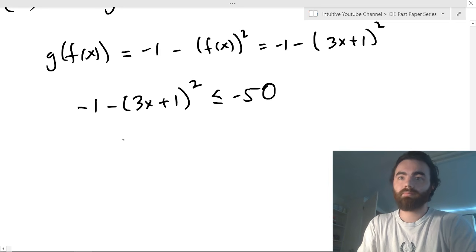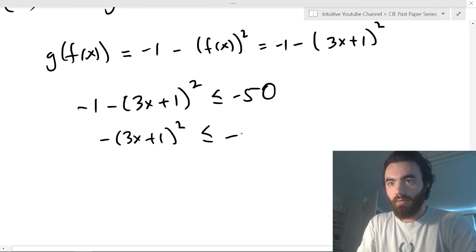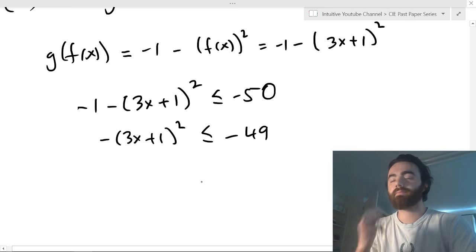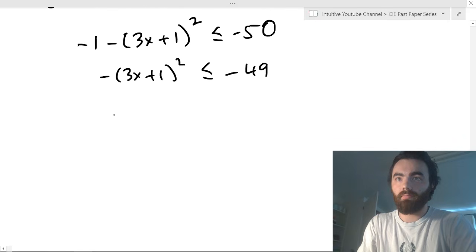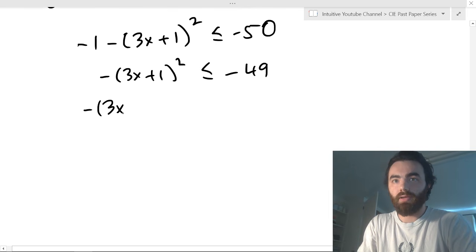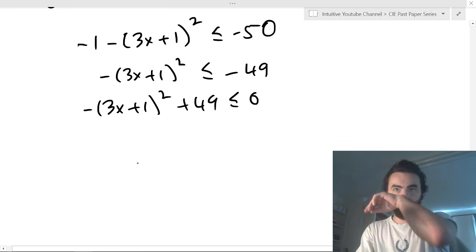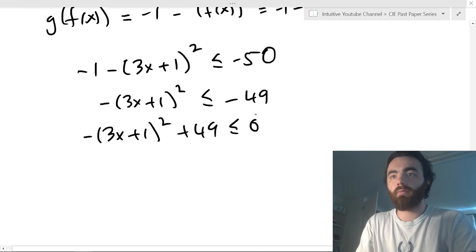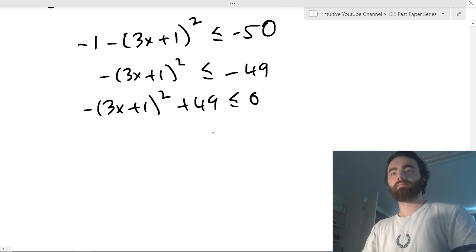Well, we just take this over. We get minus 49. And we can take this back over here if we wanted to. Say minus 3x plus 1 squared plus 49 is less than or equal to 0. We want to know where this is less than or equal to 0.